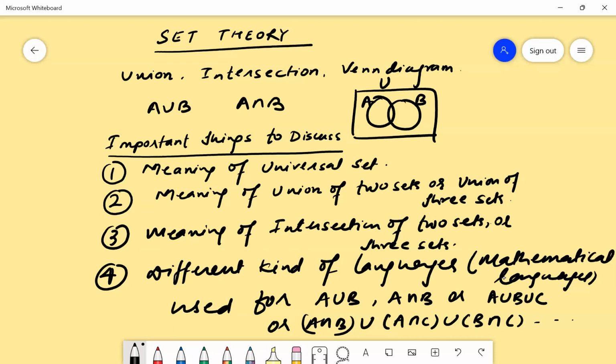I mean, how to pronounce these things while solving a question or while reading a question, how to relate the actual wording of the question with A union B, A intersection B, or A union B union C.